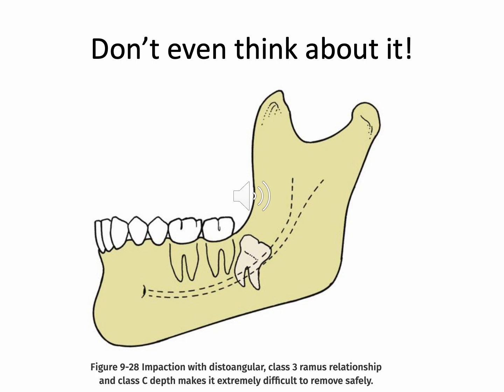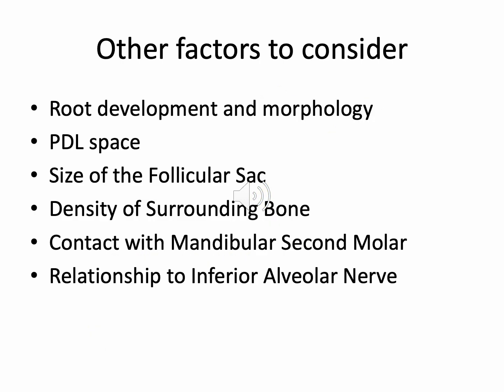Refer it to OMF. Other factors to consider besides what we mentioned above: certainly the age and development of the tooth are going to affect the PDL space and the size of the follicular sac. The younger patient is going to have less dense bone.